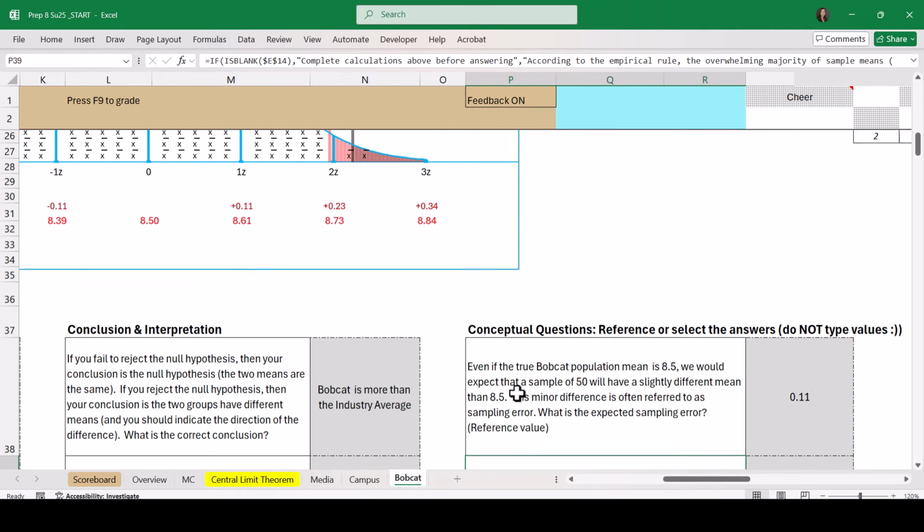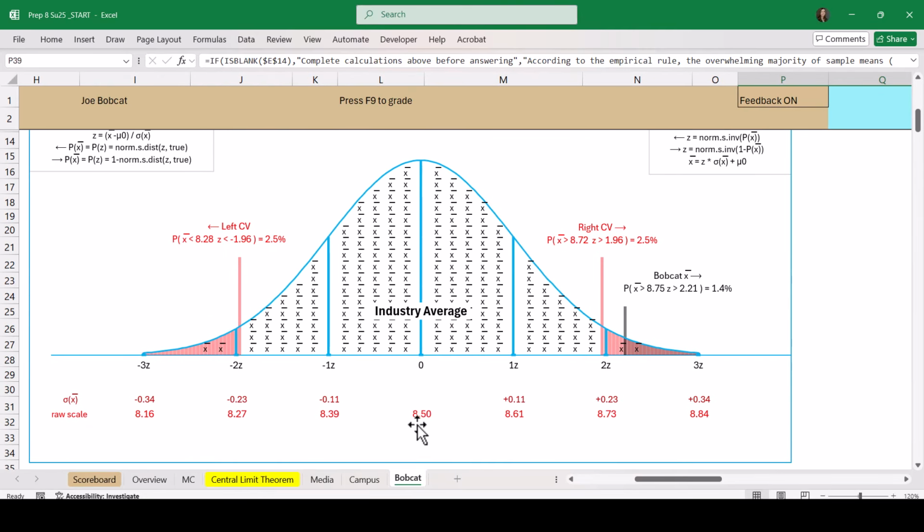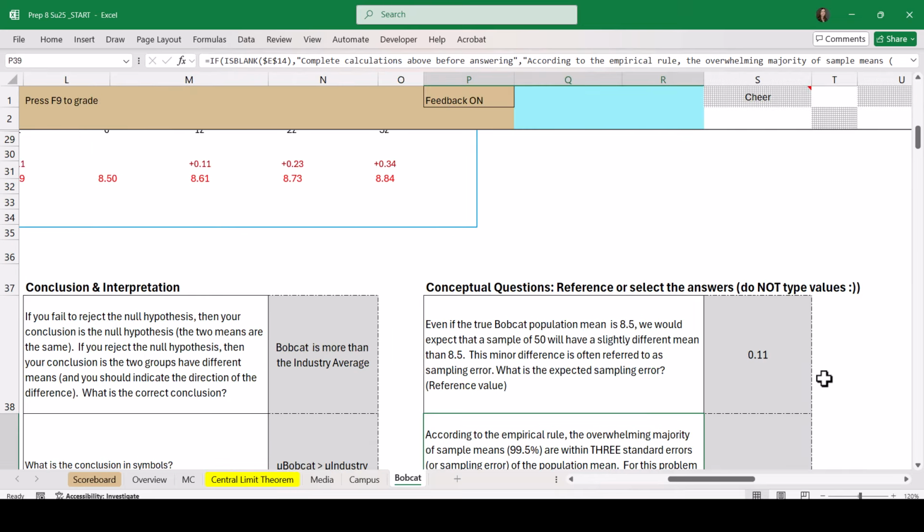Their mean is going to be within 3 standard errors. So what's that in our example? So again, here's the population mean of 8.5. Here's 1 standard error, 2 standard errors, 8.27 to 8.73, and then 3 standard errors is 8.16 to 8.84. So 99.5% of samples are going to have means between 8.16 and 8.84.